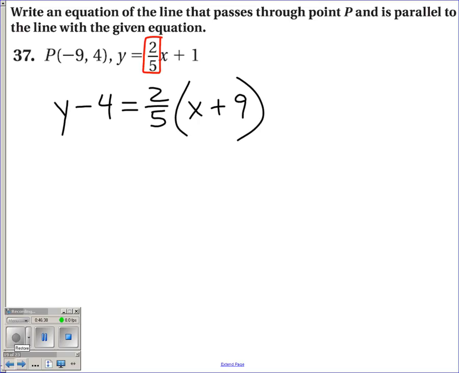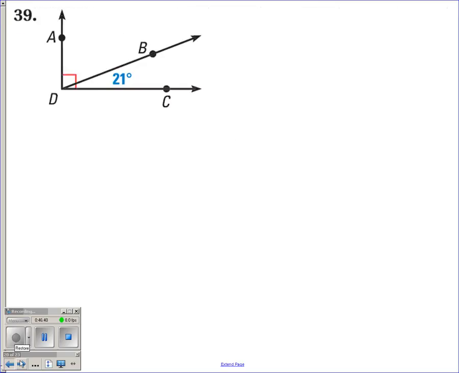Well, let's take a look at the next set of problems. Here, it says find the measure of angle ADB. Well, if you look at all these problems from 39 through 44, these all have for the outer angle a right angle, which means that the two angles on the inside of this angle, they're adjacent, but they're not supplementary, they are complementary.